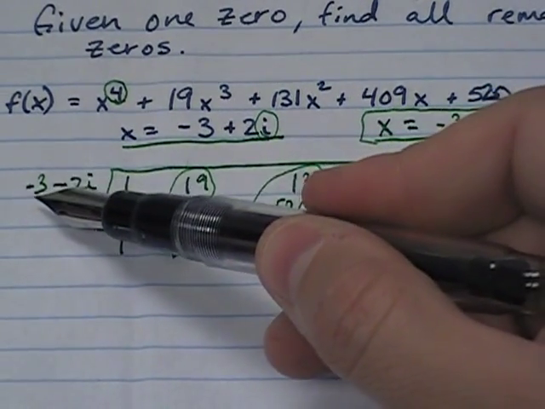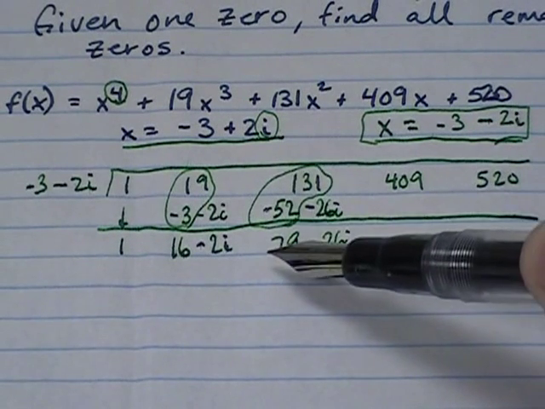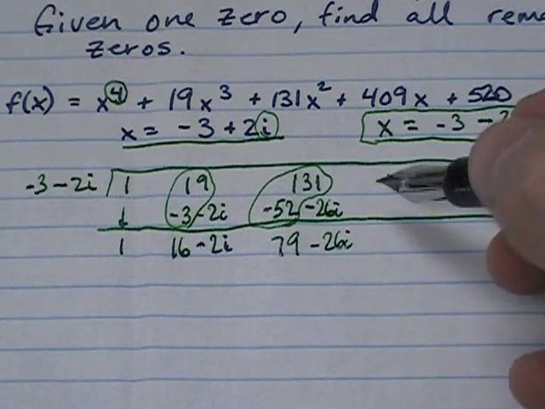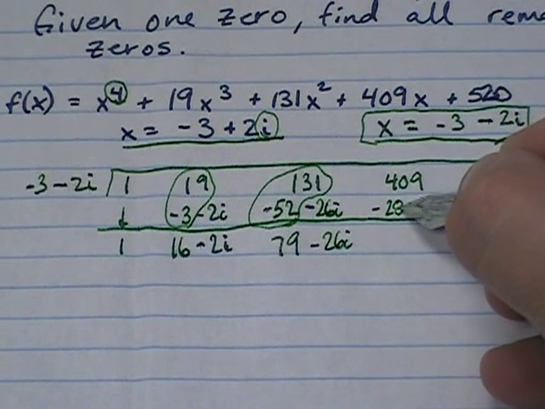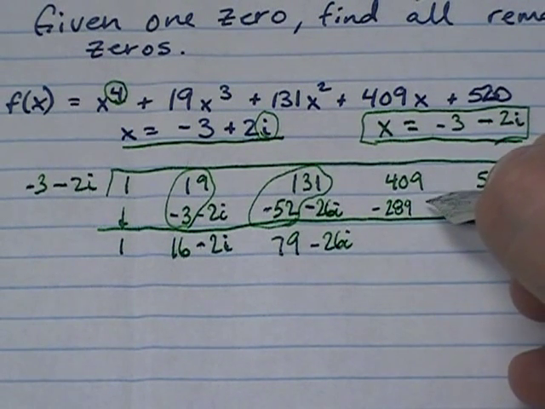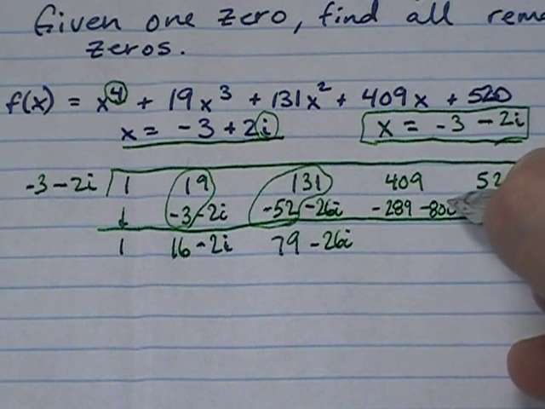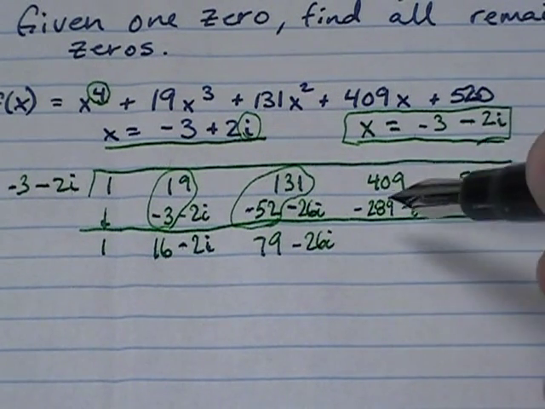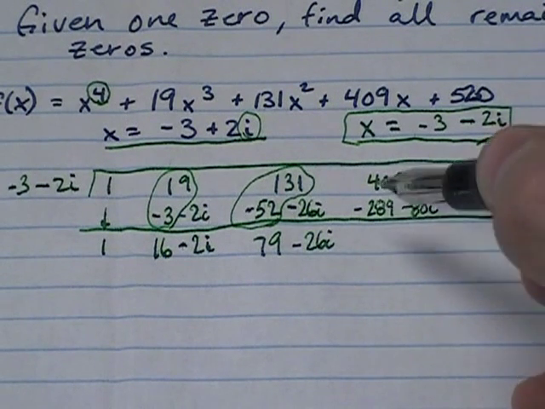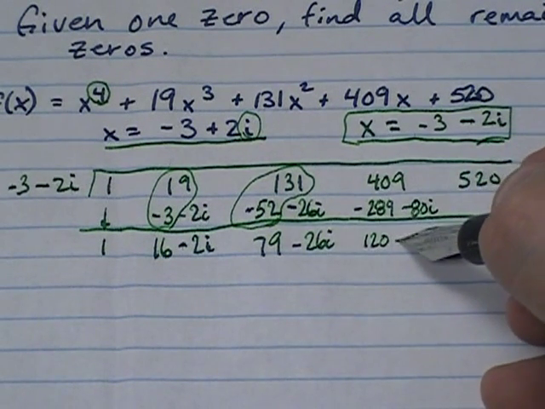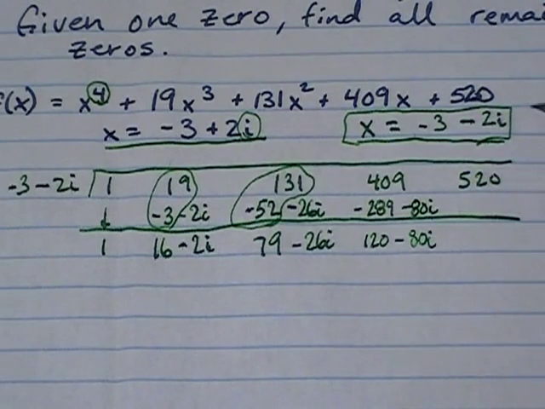So then, negative 3 minus 2i times 79 minus 26i. Combine your like terms, you should get negative 289 minus 80i. And when you combine like terms, 409 minus 289, you should get 120 minus 80i.